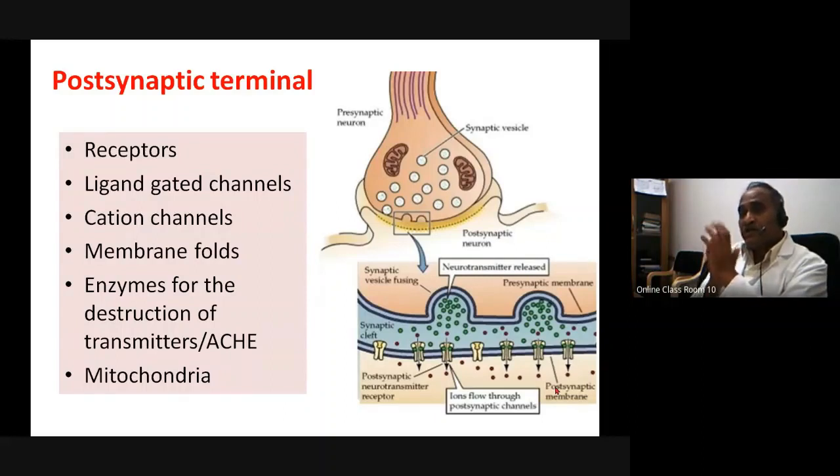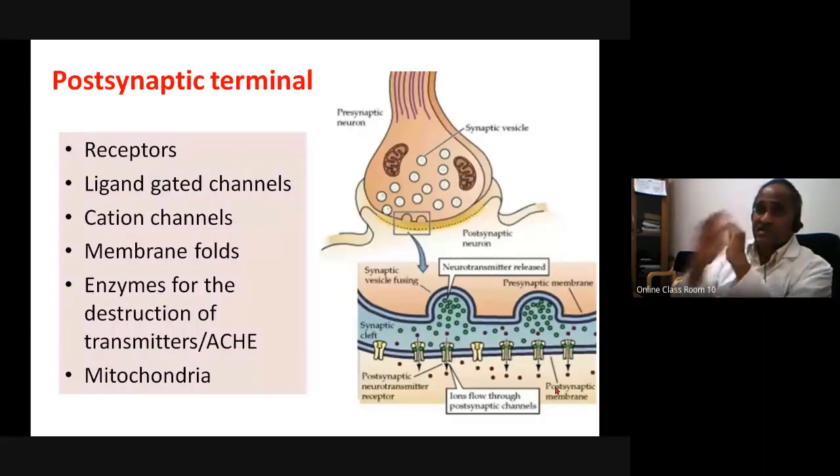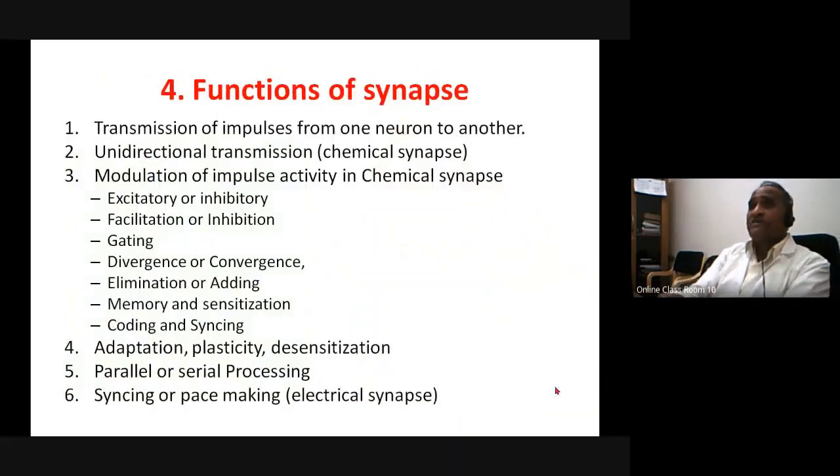There should be transporters in the presynaptic terminals or the glial cells for decreasing the synaptic transmitter level. And there should be energy for maintenance of the membrane functions and the electrical activity, and even the chemical to electrical transduction. So that is about the postsynaptic terminal. Then what are the functions of the synapse?